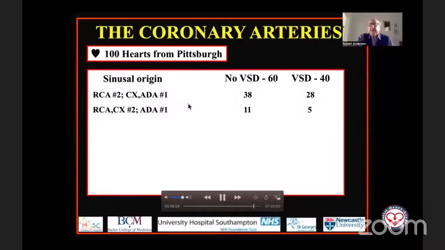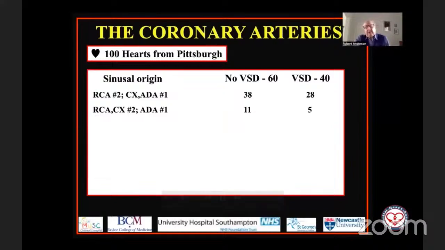Sorry for that. Right coronary artery, sinus number 1, the right-handed sinus, gives rise to the circumflex and the anterior interventricular arteries. I'm showing you here the analysis we made a long time ago of 100 hearts in Pittsburgh.